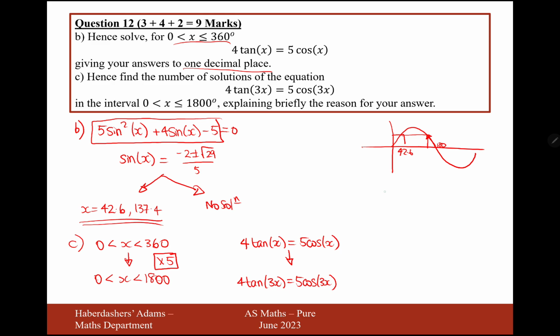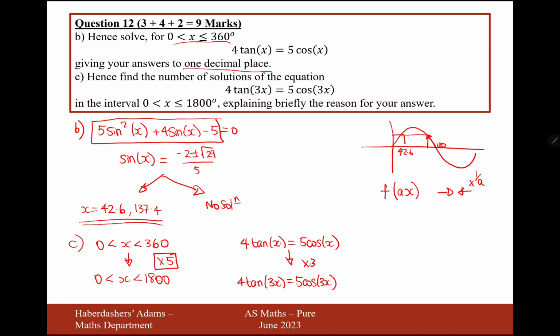If we think about our graph transformations, we know that a graph transformation of f(ax) squishes the graph inwards by a scale factor a, or you actually think of it more as a scale factor of 1 over a. So all of the graph gets squished inwards by a multiple of 3. So therefore we're going to get 3 times as many solutions between 0 and 1800.